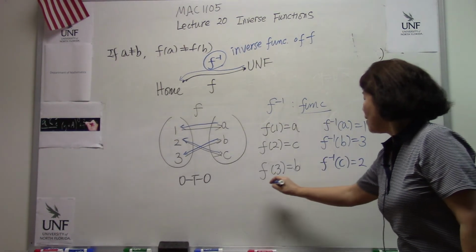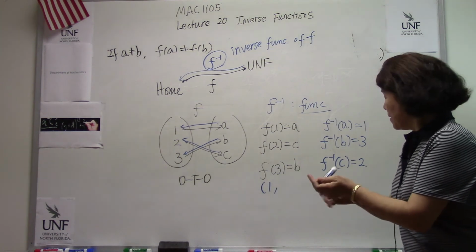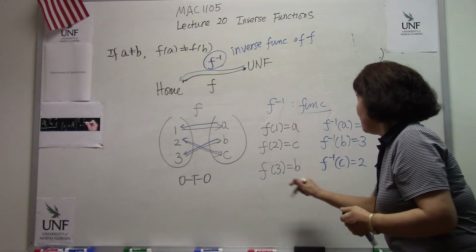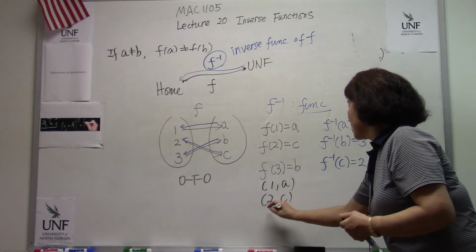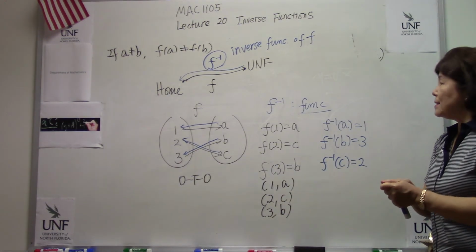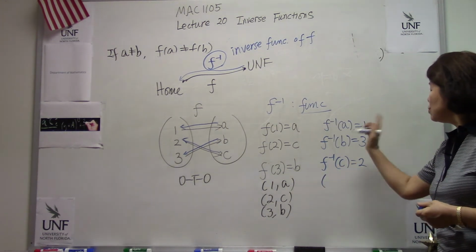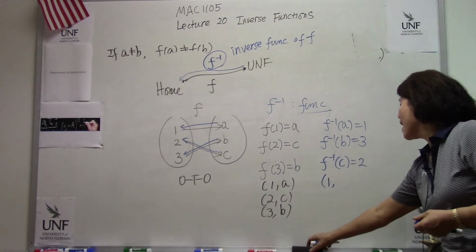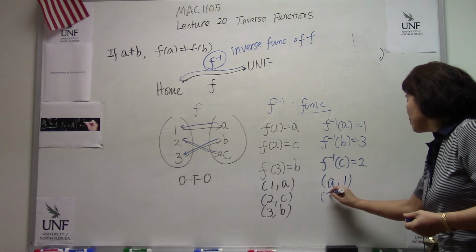So if I write it as coordinates, this is 1, comma A. I'm going to use black for all the functions. f: so (1, A), (2, C), (3, B) was on the graph. Now when you go to inverse function, it's going to be just what? You switch x and y coordinates: (A, 1), (B, 3), (C, 2).